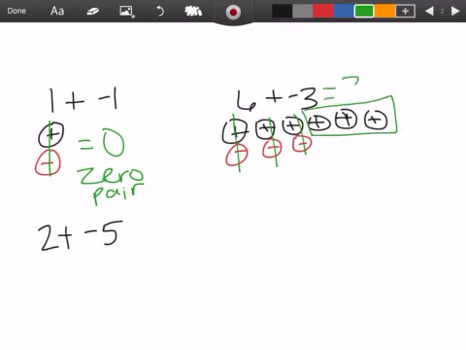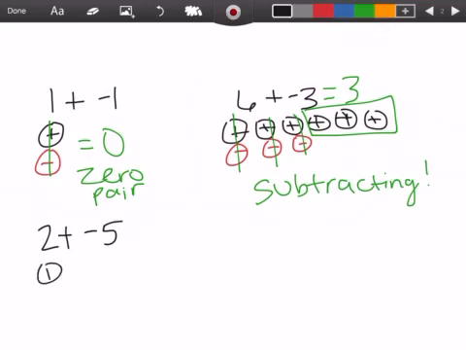So I'm left with positive 3. Now, this is an addition problem, but I just subtracted, okay? So whenever we have positives and negatives, we are actually subtracting. It's very, very cool.